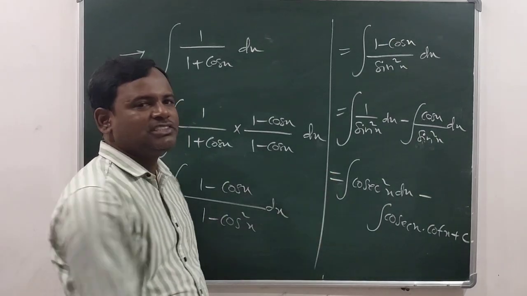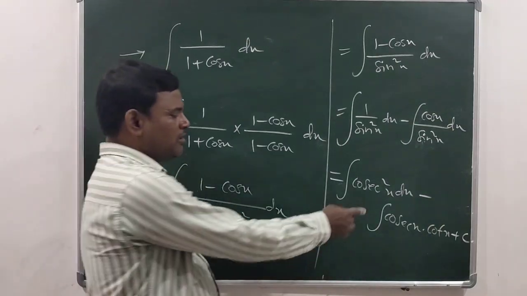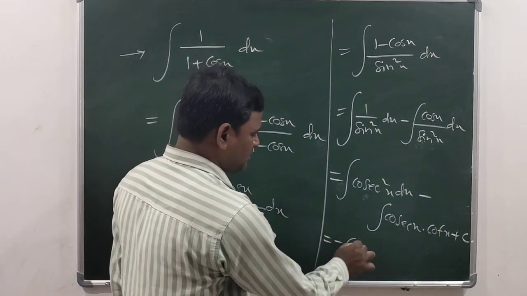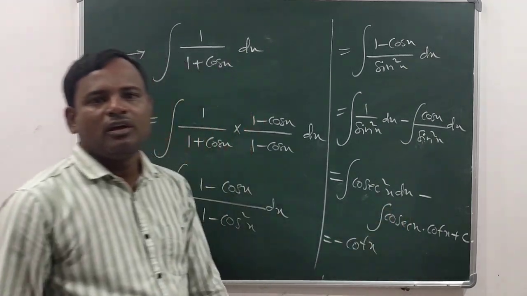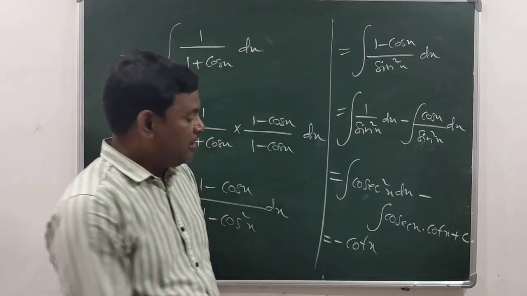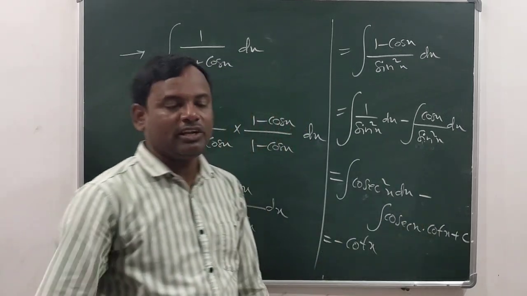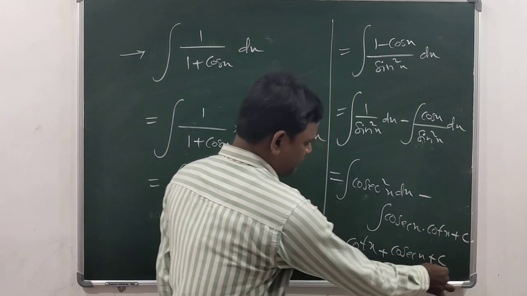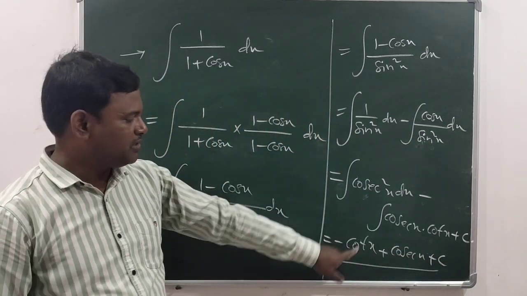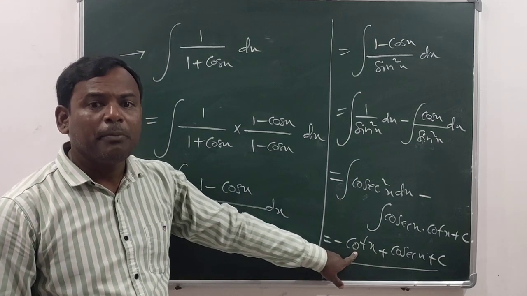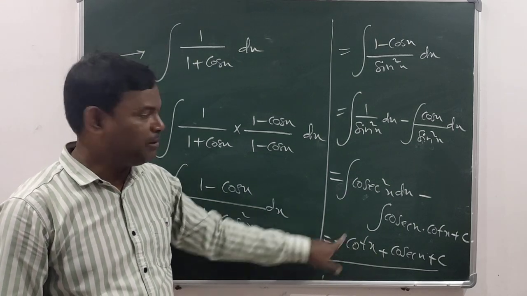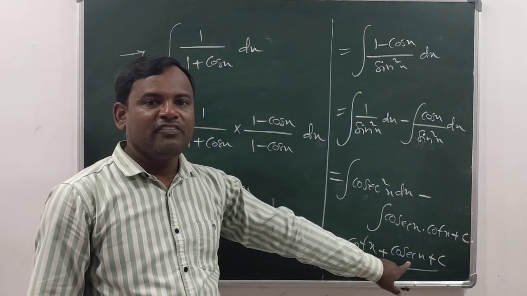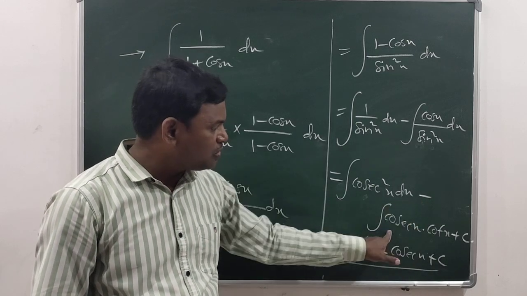So now hereafter apply those standard integral formulas. So integral of cosec square x is minus cot x, and here integral of minus cosec x into cot x can be written as plus cosec x plus c. You know, students, here the differentiation of cot x is minus cosec square x. Minus into minus is plus, cosec square x is obtained now. And go to this one. Differentiation of cosec x is minus cosec x into cot x.